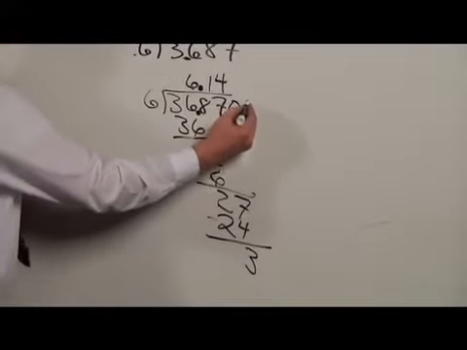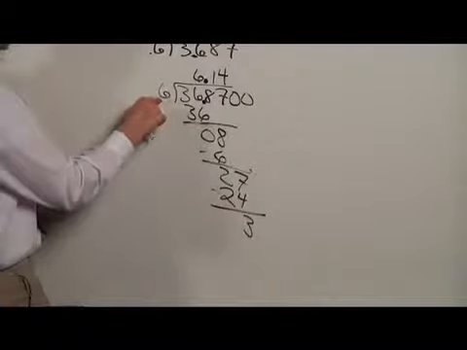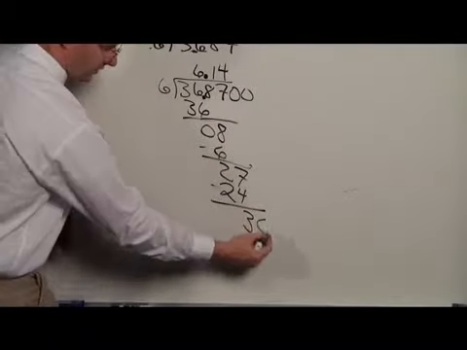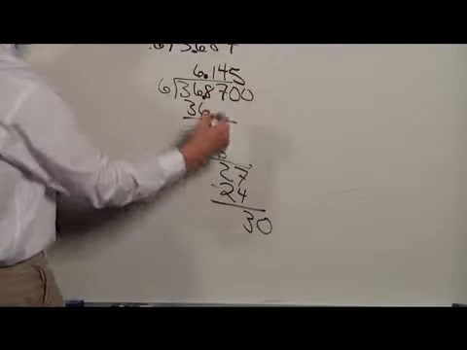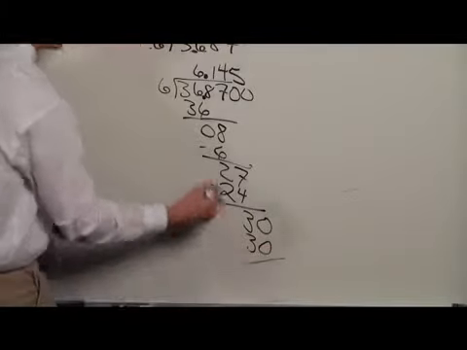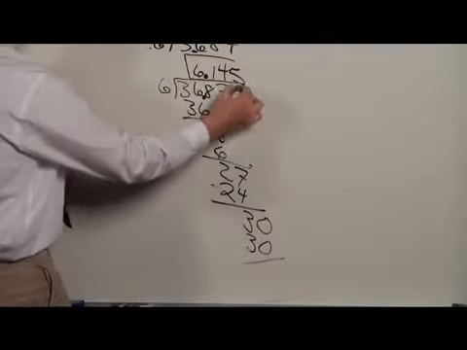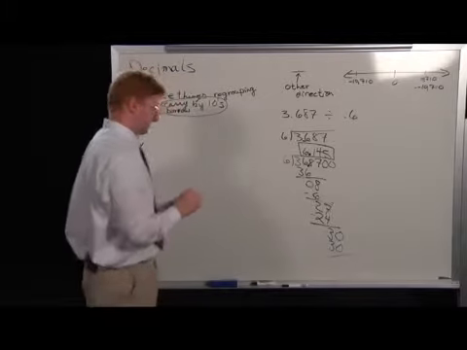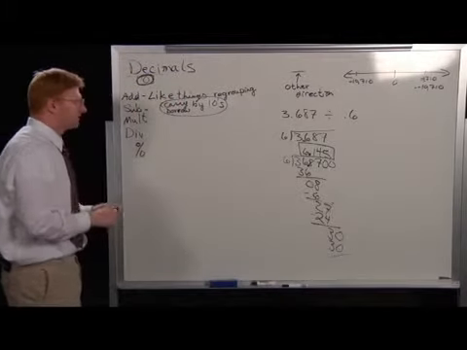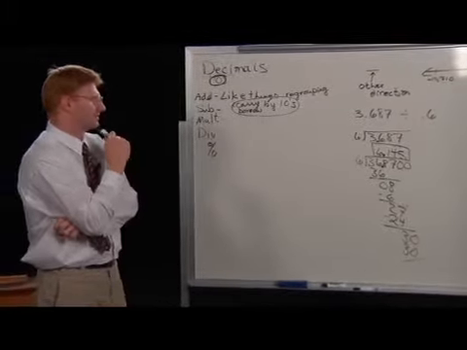And again, we can just add as many zeros as we want to. 6 goes into 30 5 times. And it came out nice right there. So 6.145 is the answer.